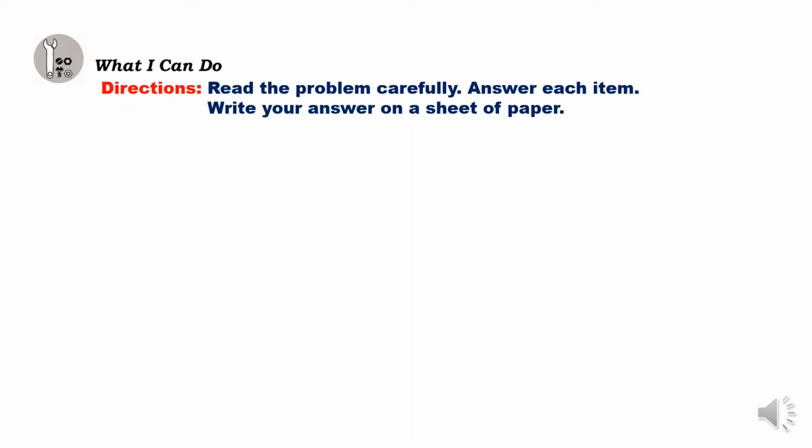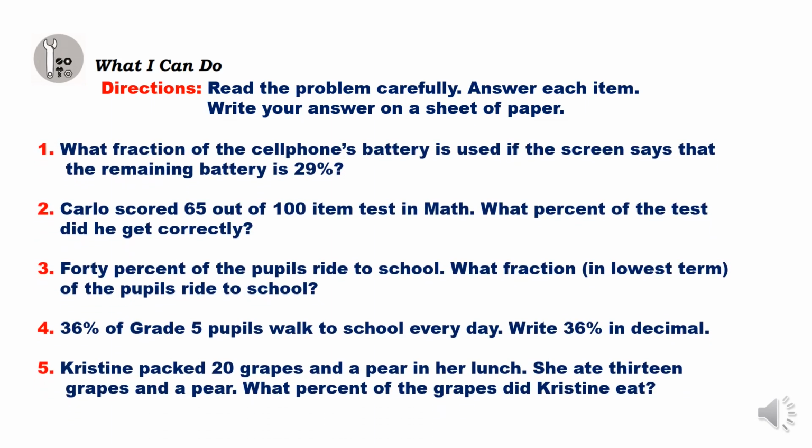Read the problem carefully. Answer each item. Write your answer on a sheet of paper. Number 1. What fraction of the cell phone's battery is used if the screen says that the remaining battery is 29%? So that is 29 hundredths in fraction.